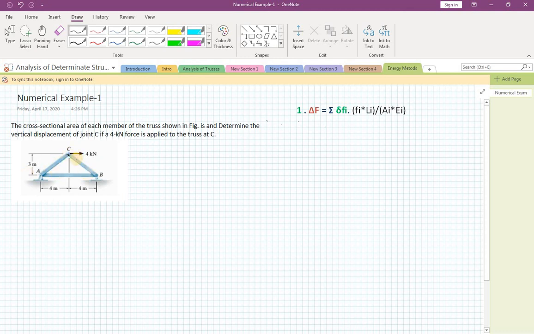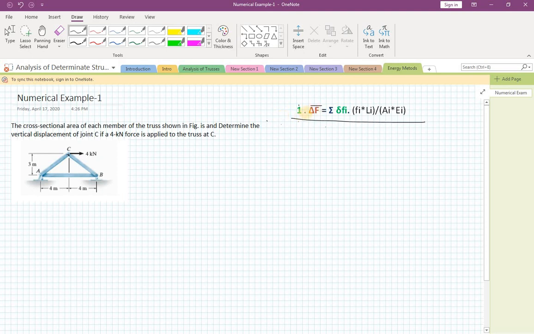This is a determinate structure, and we can easily apply our virtual work principle, this equation which we have already derived. This is the vertical imaginary force which you are going to apply.